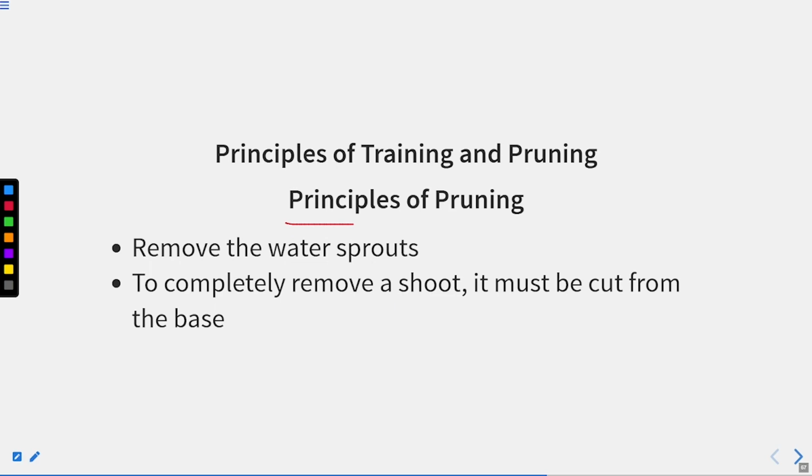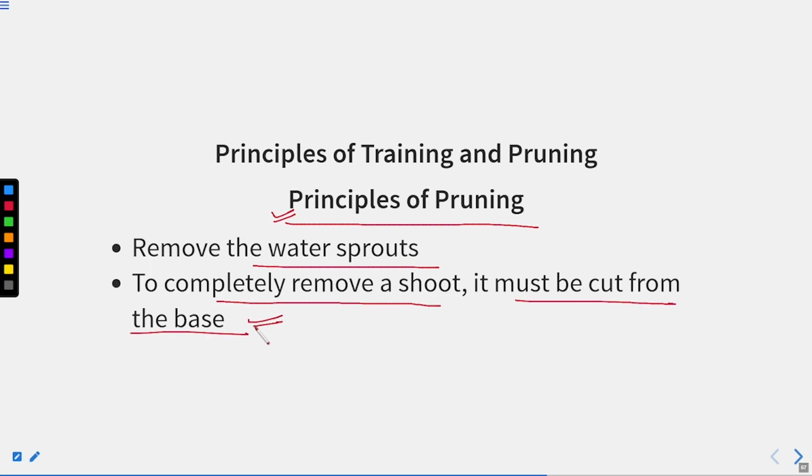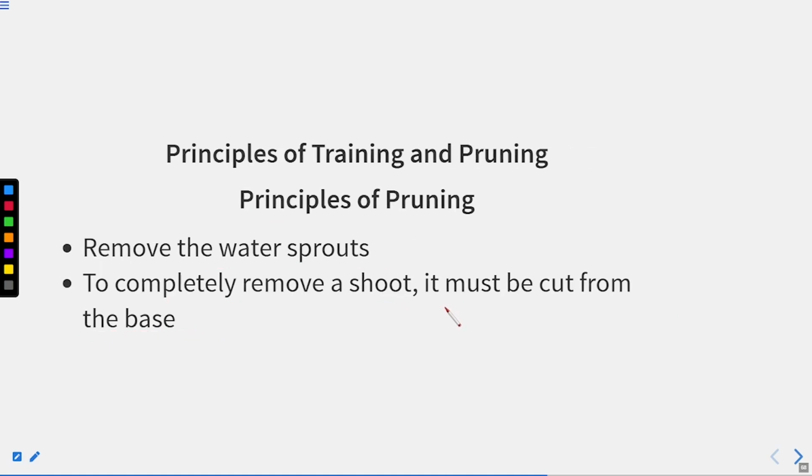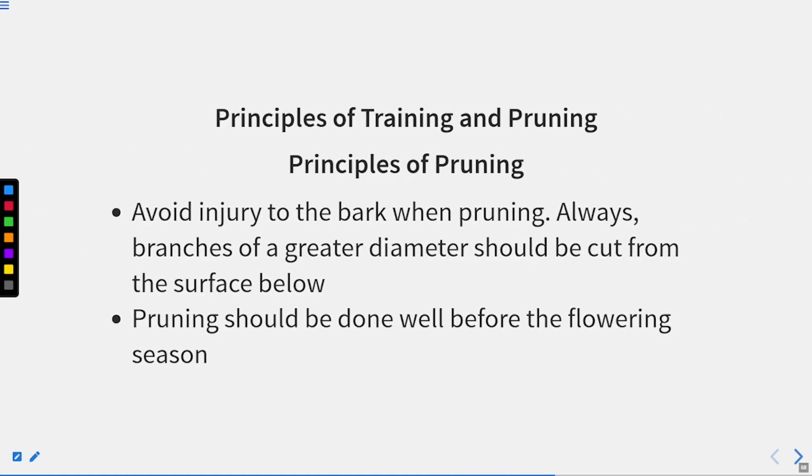Now, what are the principles of pruning? Remove the water sprouts. To completely remove a shoot, it must be cut from the base. So if you want to remove the shoot, then you have to cut it from the basal region. Avoid injury to the bark when pruning. So when you are doing pruning, do not give any type of injury.